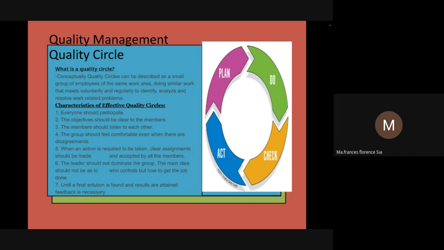Fourth, the group should feel comfortable even when there are disagreements. Then when an action is required to be taken, clear assignment should be made and accepted by all the members. The leader should not dominate the group. The main idea should not be who controls, but to get the job done. Until a final solution is found and results are attained, feedback is necessary.